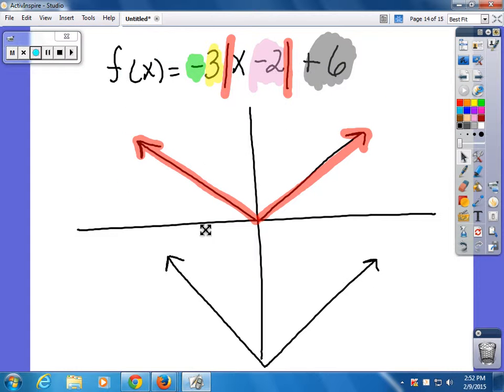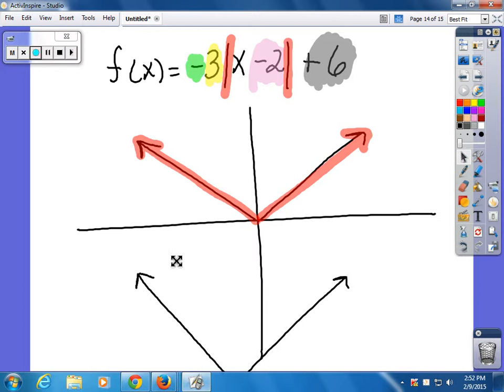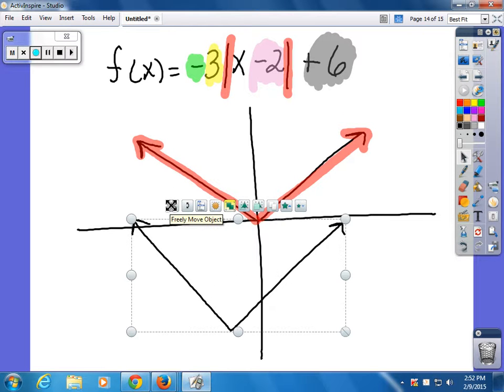So take that same graph, of course, don't look like it, but you just use your imagination. And we're going to flip it around.